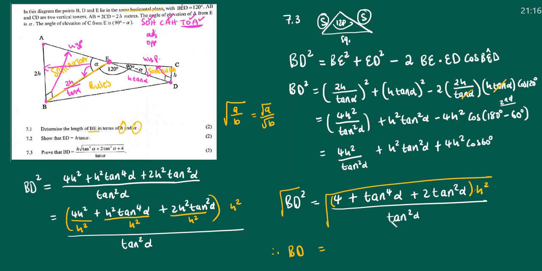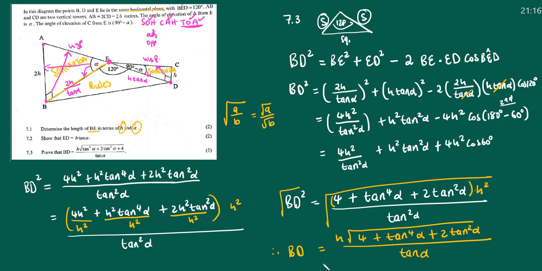So the square root of h squared is simply h, and then this part we can leave it like this: 4 plus tan fourth alpha plus 2 tan squared alpha, all divided by tan alpha.